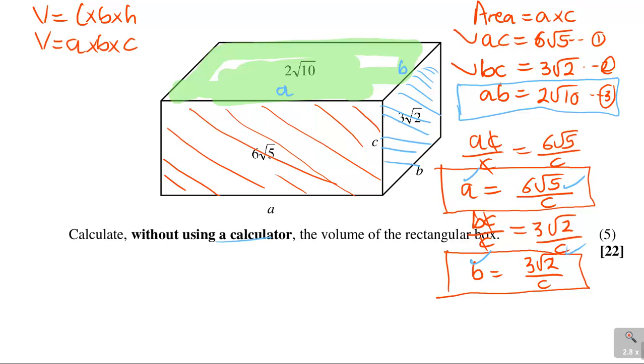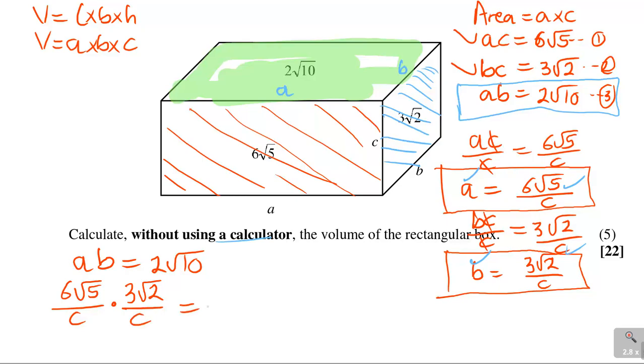So if I do that, where there is AB, remember, AB is equal to 2 root 10, but my A is 6 root 5 over C times my B, which is 3 root 2 over C, is equal to 2 root 10.